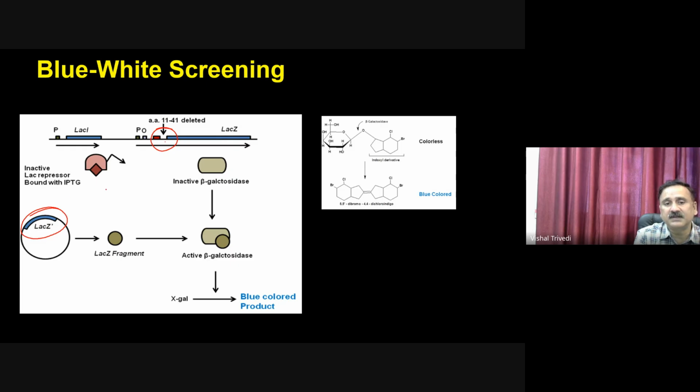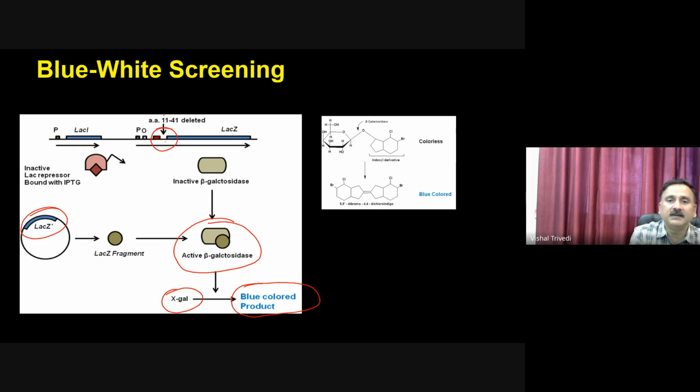When these two components come together, they form the active beta galactosidase, and as a result it is going to process the X-gal to a blue color product, and this blue color product is going to accumulate inside the E. coli, and it will give you a blue colony.